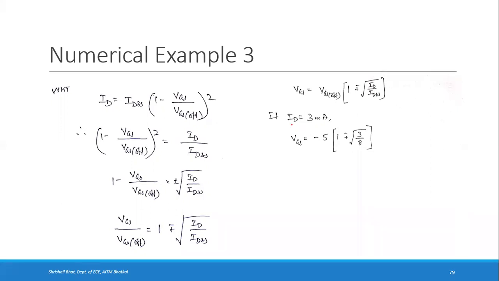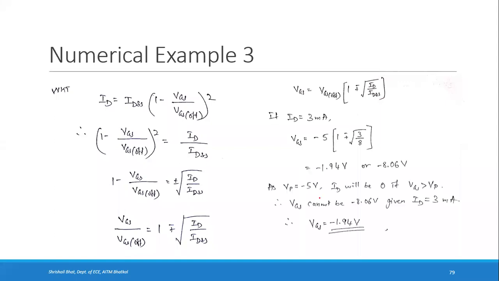ID is equal to 3; we have to find VGS when ID is equal to 3. VGS off is -5 volts, so VGS is equal to -5 into 1 minus or plus square root of ID is 3, IDSS is 8. If you substitute it and calculate it, you will get the value.